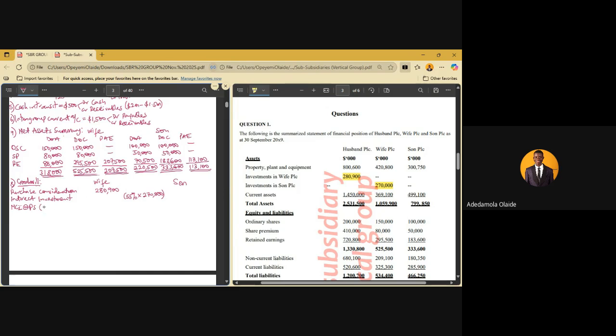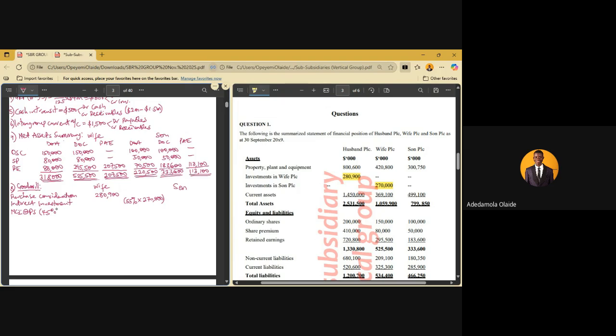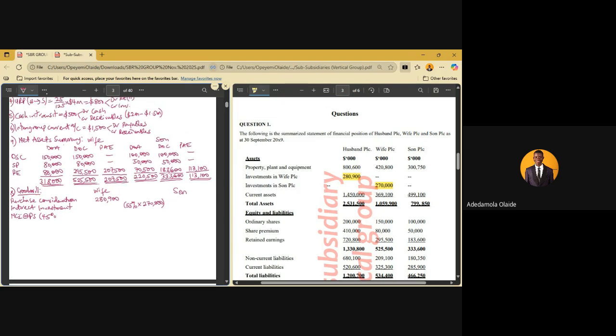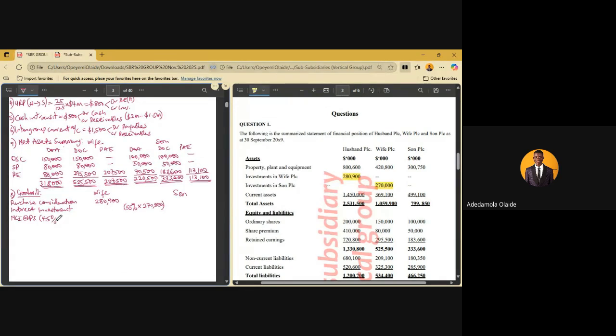So for wife, it will be what? Wife NCI is 45%. 45% of 318,000.